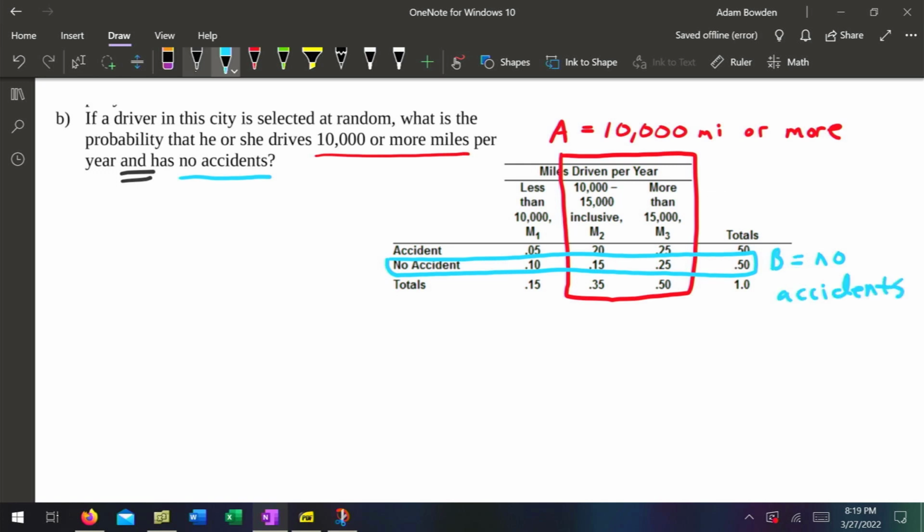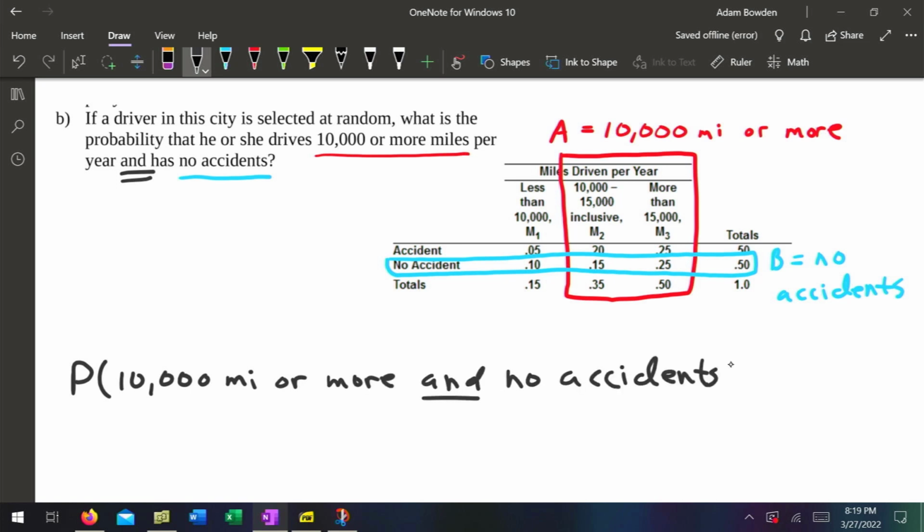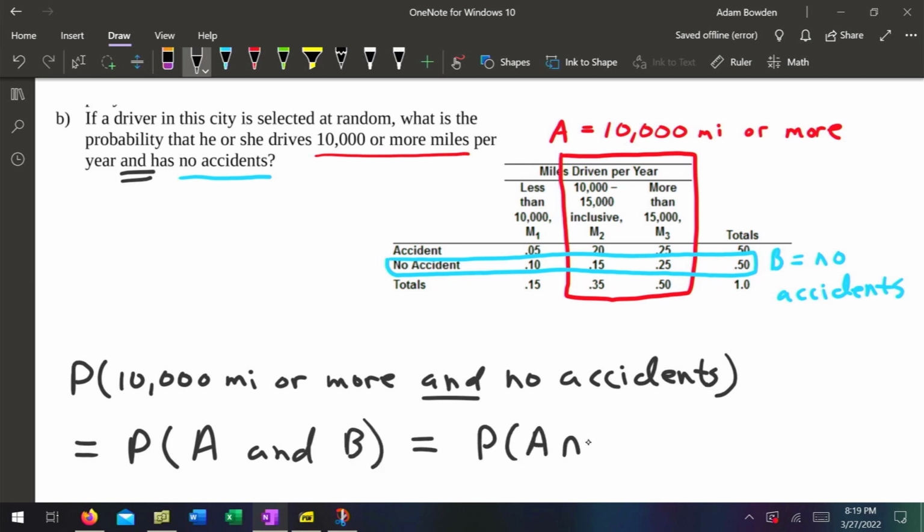And so the question would be the probability of having 10,000 miles or more and no accidents. That would correspond to the probability of A and B, or in other words, the probability of A intersect B.